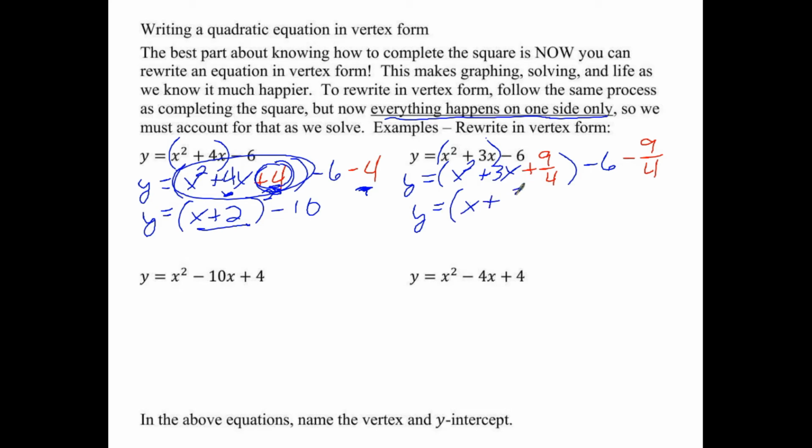Half of the middle term is 3 halves squared because it's a perfect square. Now combine like terms. Common denominator is 4ths. So -24/4 minus 9/4, total of -33/4. And we're done.